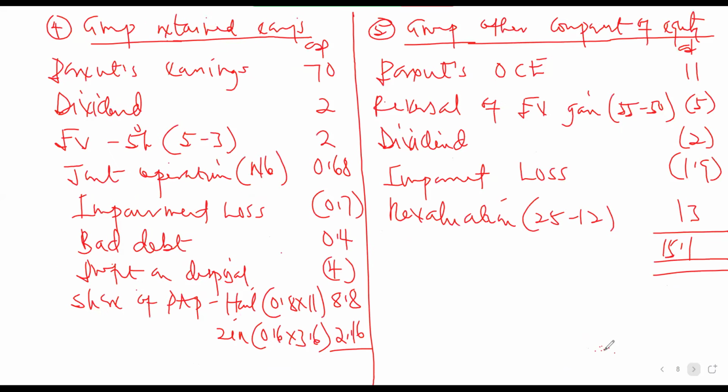The retained earnings is what? 70 plus 2 plus 2.68 plus minus 0.7 plus 0.4 minus 4 plus 8.8 plus 2.16. I'm getting 81.34.